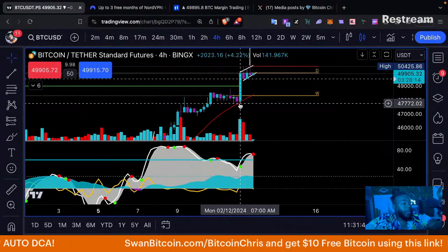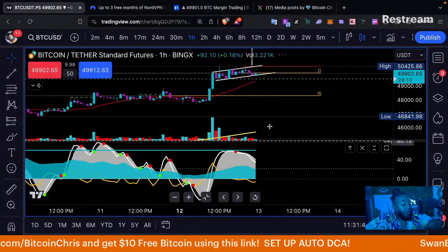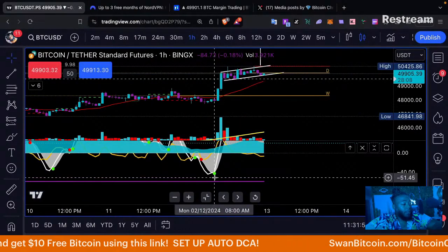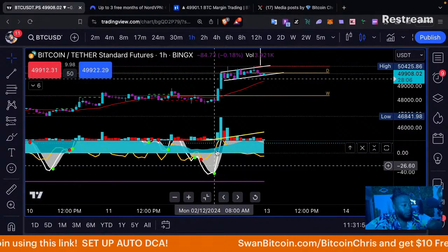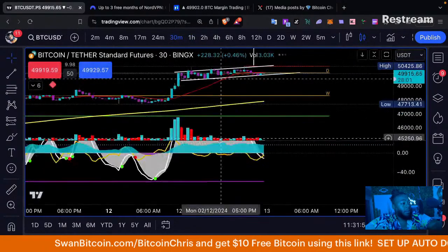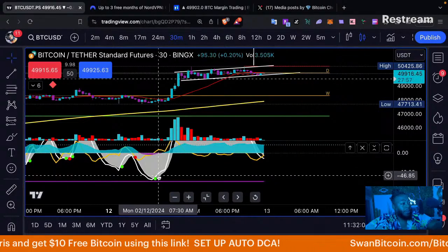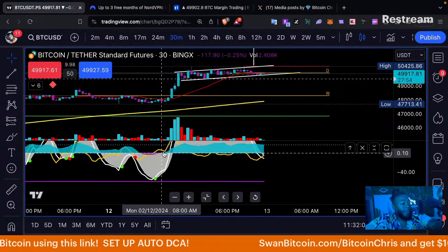Okay, so that's the green dot here on the 4 hour. 1 hour, it was 8 o'clock, if I'm not mistaken. Yep, 8 o'clock, boom. 30-minute, 7 a.m., boom, green dot. Money flow turns green, boom.